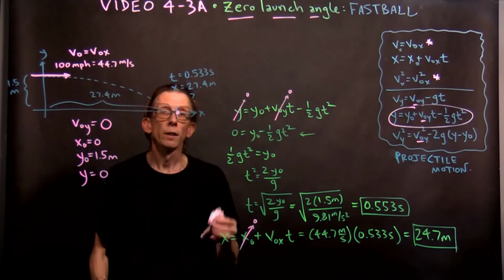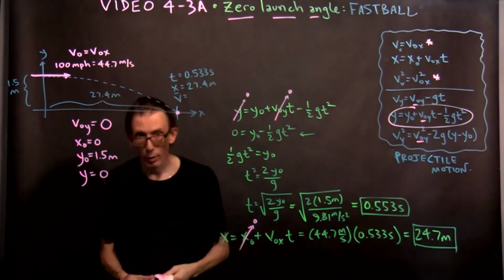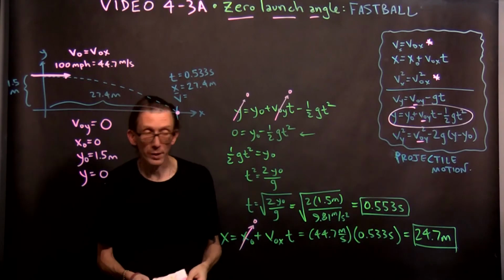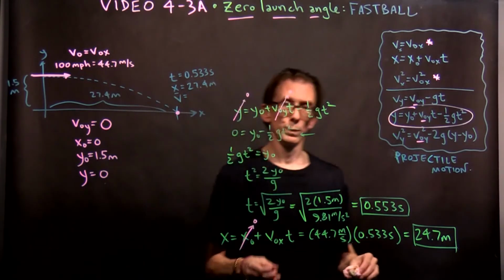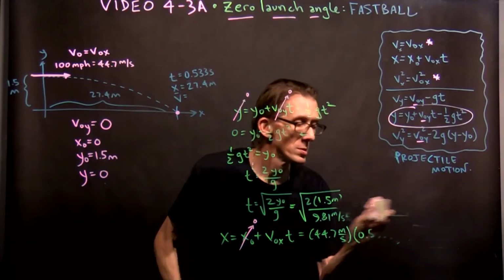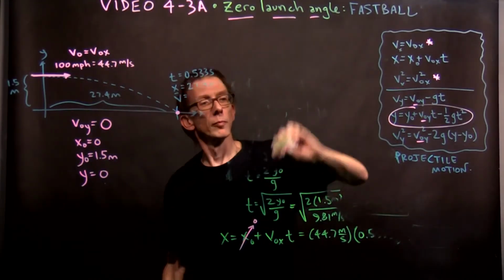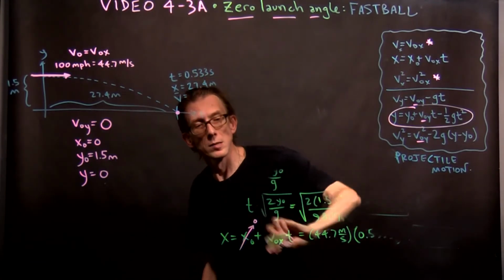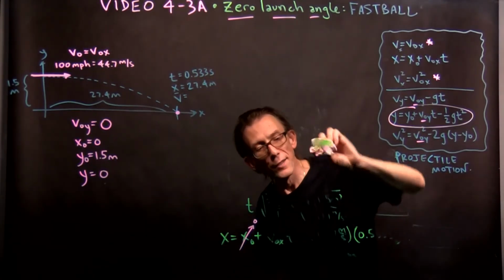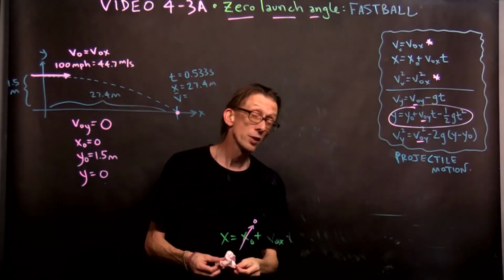Okay, now finally we want to do the final velocity. I'm going to erase the green I've got on the board, and we're going to look at the final velocity. I may leave some of the details of the calculation to you to do as an exercise for the student.